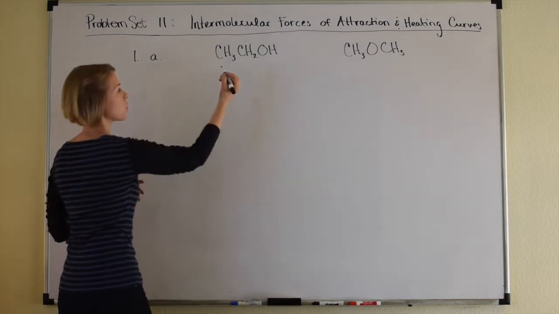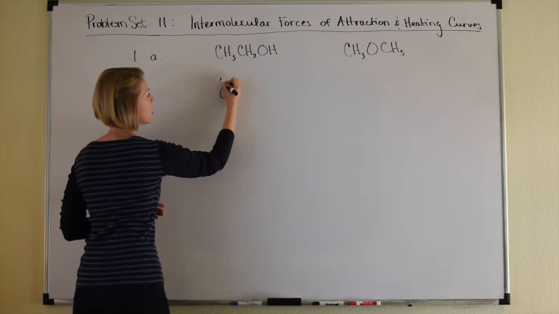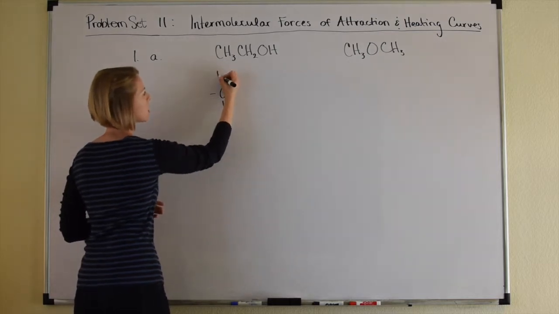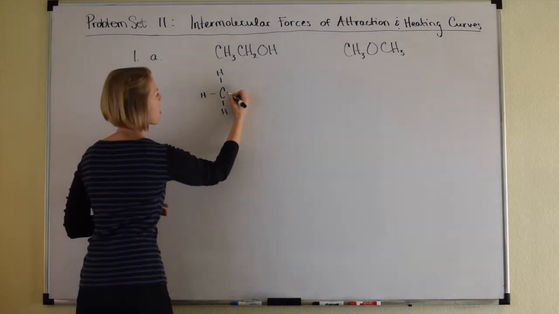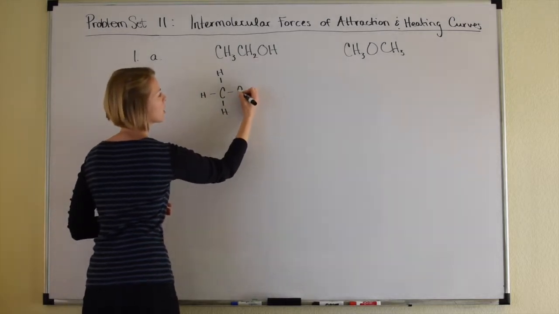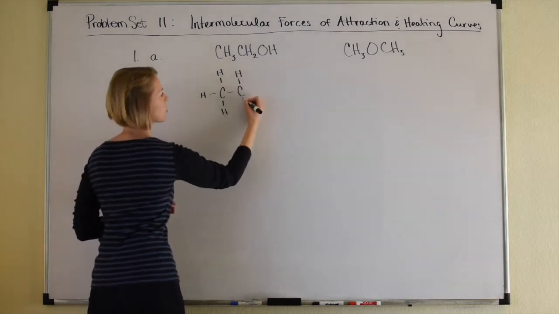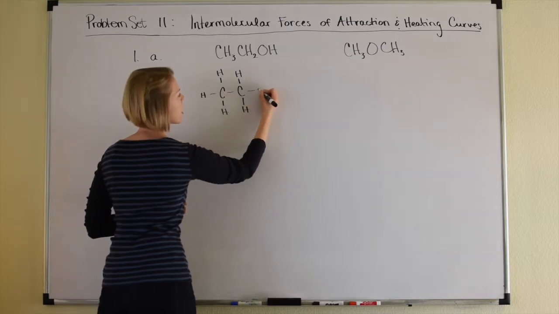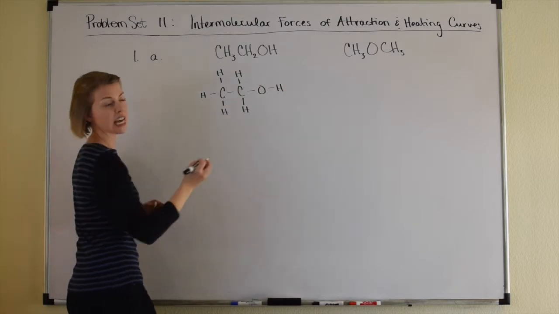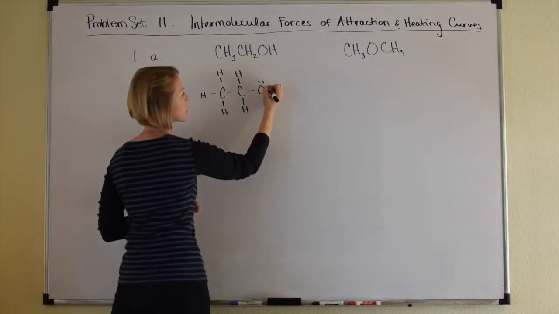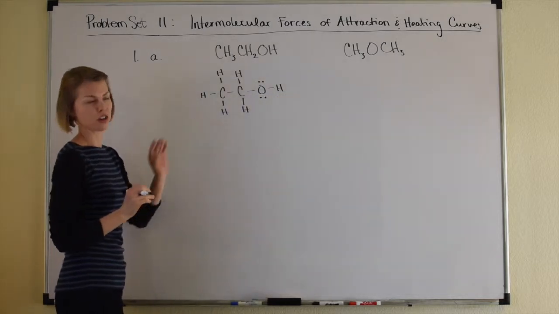So we know that hydrogen must be terminal, so this carbon has 3 hydrogens attached to it in the terminal positions, and then that carbon is attached to another carbon which has only 2 hydrogens, also terminal. Next comes an oxygen and a hydrogen, and now I'm going to complete my octet on my oxygen atom. Everything else is satisfied with octet already, so my Lewis structure looks like so for ethanol.